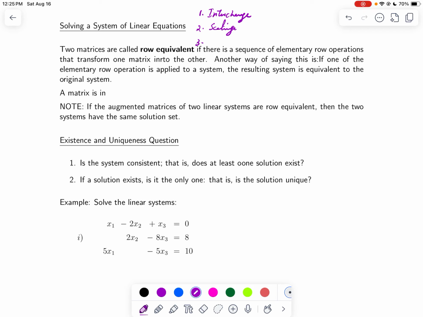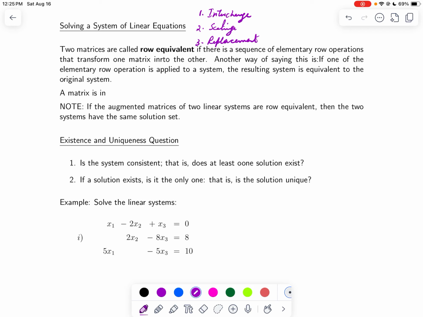And the last one was replacement. Replacement means that you can replace a row by adding to that row a multiple of some other row. Remember, the row to which you are adding a multiple is going to change. The other rows will stay the same.